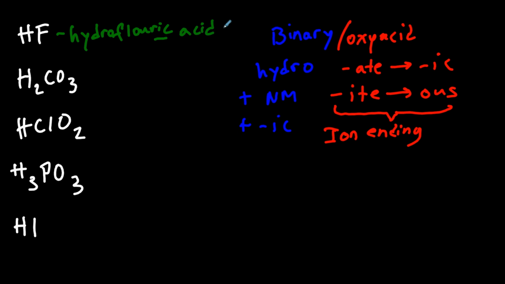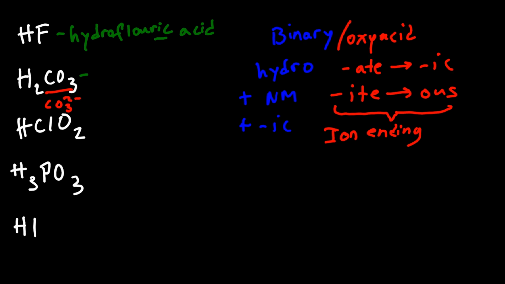Now let's look at H2CO3. For H2CO3, we have H2, or hydrogen, attached to a polyatom. Specifically, this is carbonate right here, CO3 2 minus. So this means that if carbonate ends with ate, then the acid ends with ic.